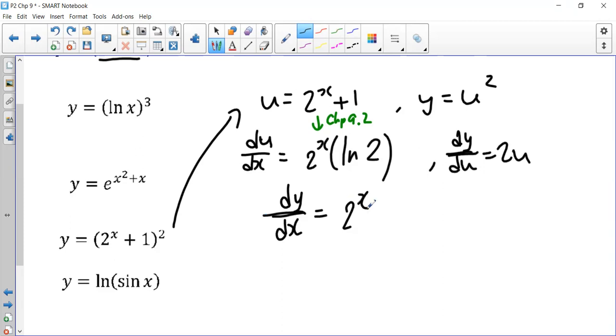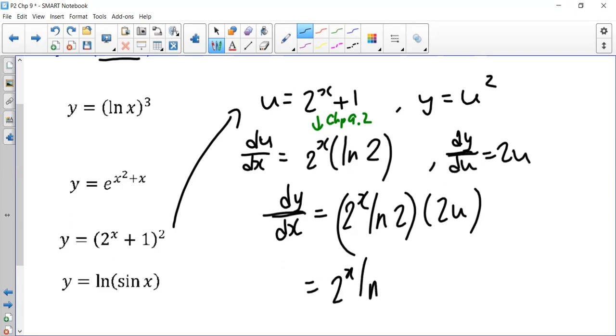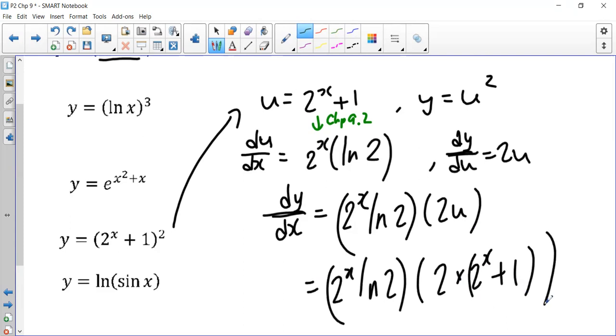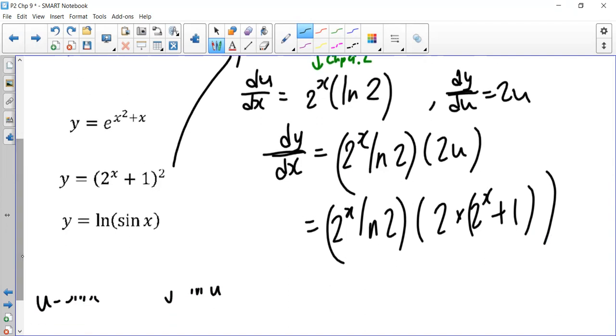So 2 to the power of x ln 2 times 2u. U is 2 to the power of x plus 1, so it will be 2 to the power of x ln 2 times 2 times 2 to the power of x plus 1. It's quite messy, but we don't have to simplify it.